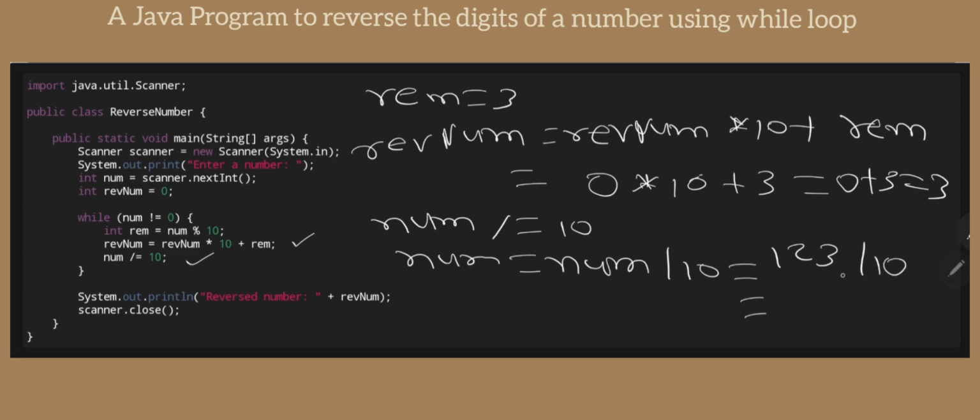Here 123 is an integer and 10 is an integer, so the answer is 12, not 12.3. You have to write 12 because both are integers, so you have to consider only the integer number. Num is an integer data type. So num equal to 12.